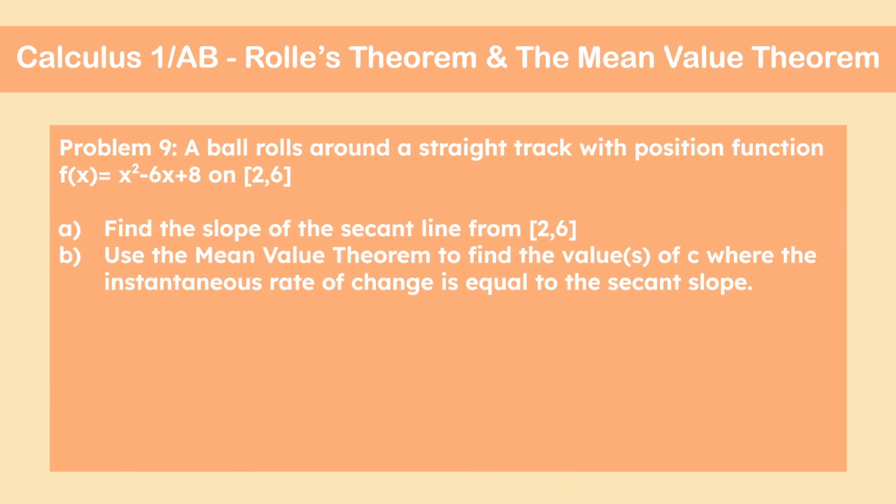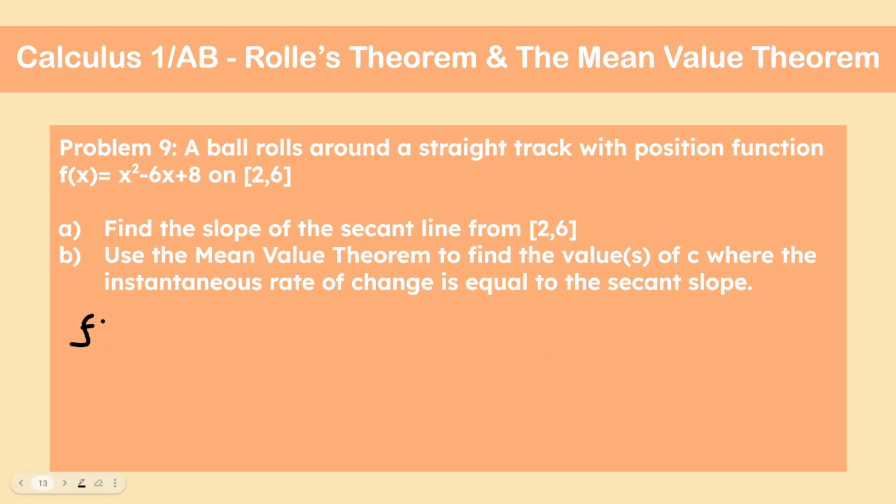Okay, so now this problem says a ball rolls around a straight track with position function f of x equal to x squared minus 6x plus 8 on the closed interval 2 to 6. So we're going to find the slope of the secant line from 2 to 6.